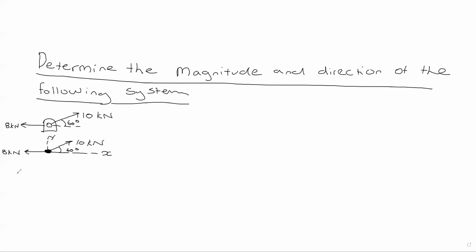So if we start off by doing the sum of the forces in the X direction equals, we can see that in the X direction, we do 10 cos 60, which is the first step.